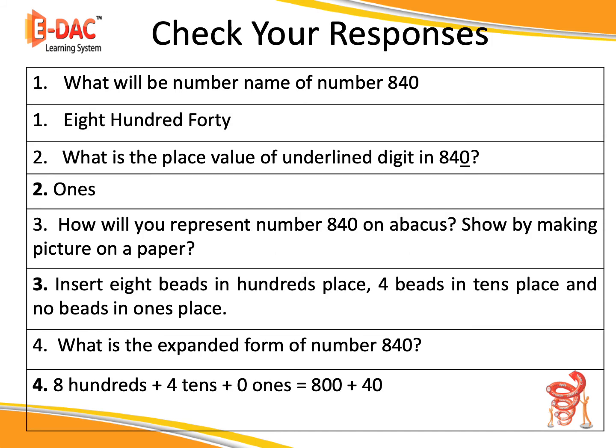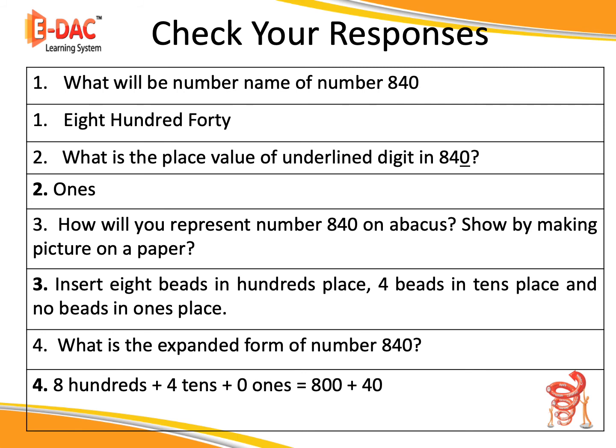Let us check your responses now. So the answer to the first question is 840. The answer to the second question is ones. The answer to third question is, you'll have to insert 8 beads in the hundreds place, 4 beads in tens place, and no bead in ones place.